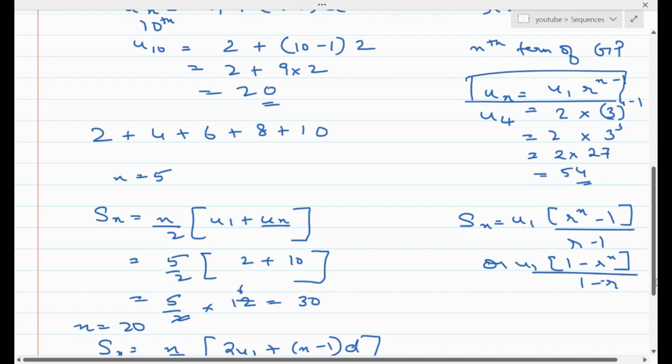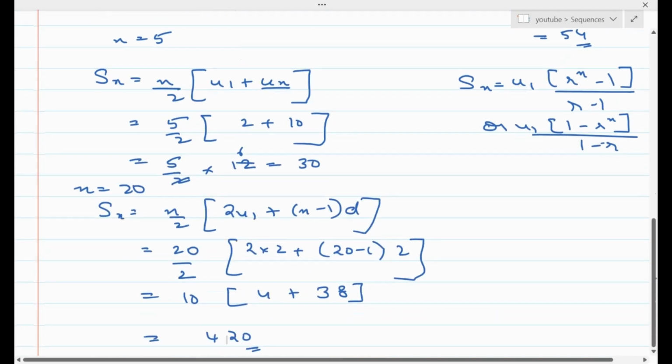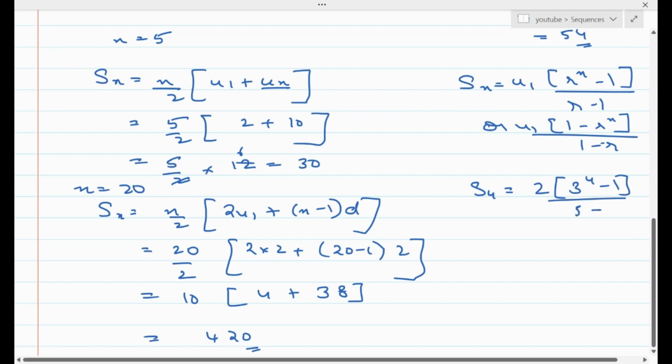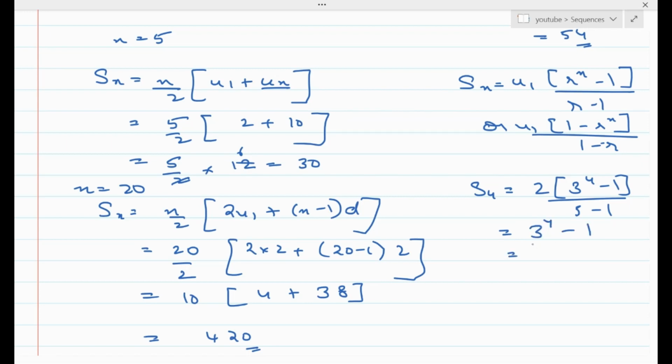So if we were to add the first four terms of the series, let's find out the sum of the four terms. So u1 was 2, r is going to be 3. So 3 to the power 4 minus 1 divided by 3 minus 1. So I think the denominator and the numerator would get cancelled. So 3 to the power 4 minus 1, which is 81 minus 1. So the sum of the first four terms of the series is given as 80.